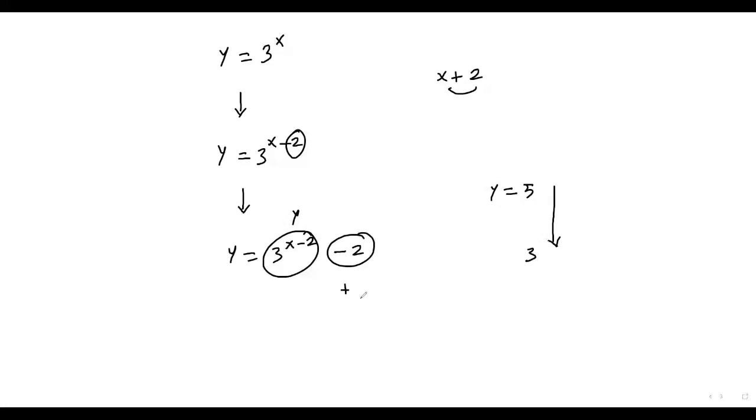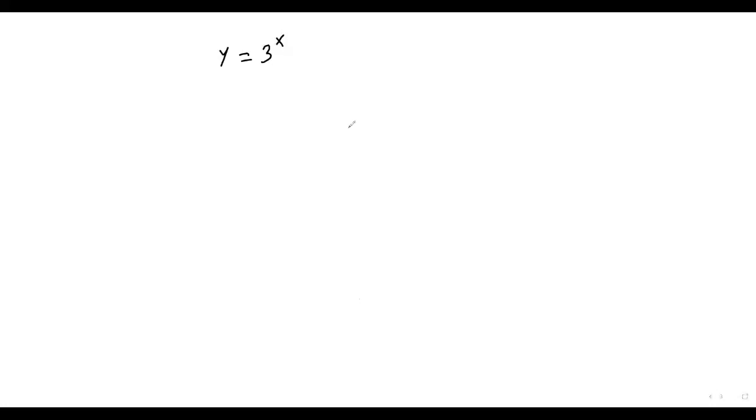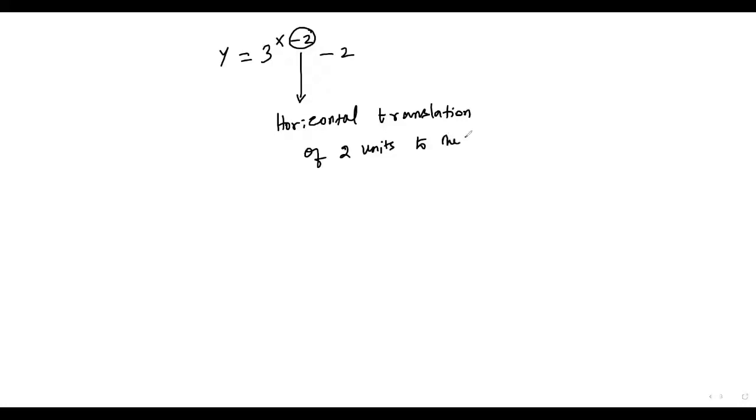So in this problem, once we sketch the graph of the basic function, we have to apply 2 transformations. One is for the negative 2 we have with x, and the other one is for the negative 2 we have over here. So for this one, we do a horizontal translation of 2 units to the right.